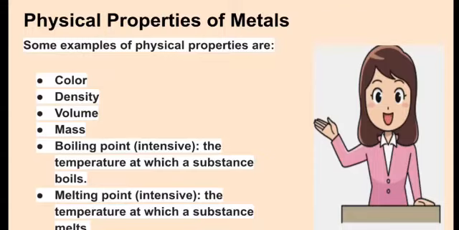With the help of their color and external texture, by looking at their external texture, we can understand their physical properties. And what is boiling point? The temperature at which a substance boils is called the boiling point, and the temperature at which a substance melts is called the melting point. Till here, understood? Shall we move ahead? Yes.